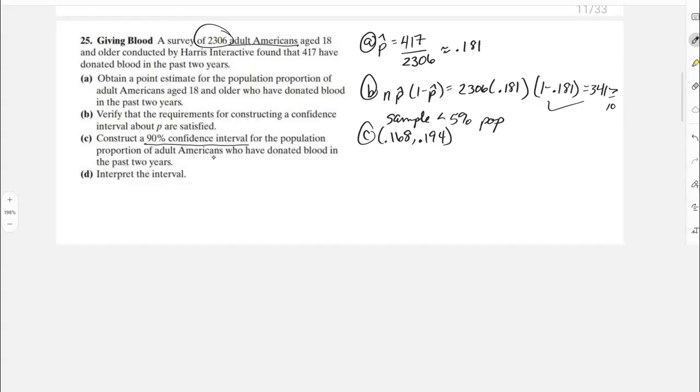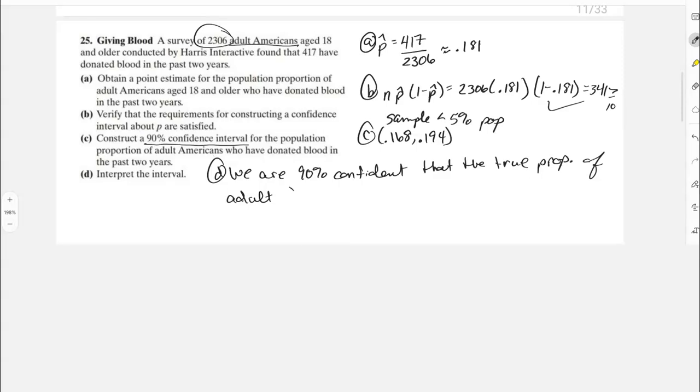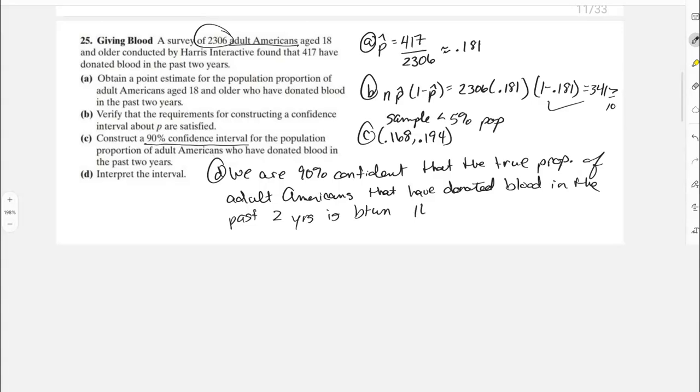So D is asking us to interpret. This is where we would write a sentence. So we would say we are 90% confident that the true proportion, I'm going to abbreviate that, of adult Americans that have donated blood in the past 2 years is between, I'm going to turn these into percentages, 16.8% and 19.4%.